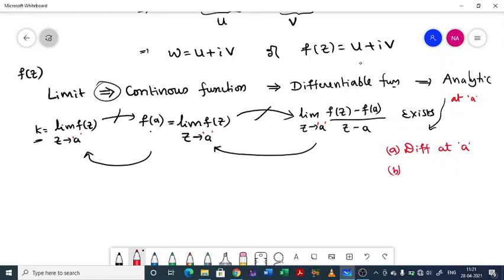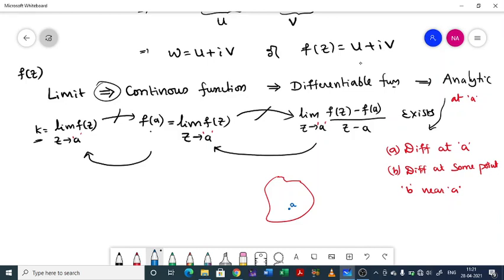Second condition, it should be differentiable at some point B near A. See, I have a domain like this, and I have a point A, and I have to check whether the function is analytic at this point or not.